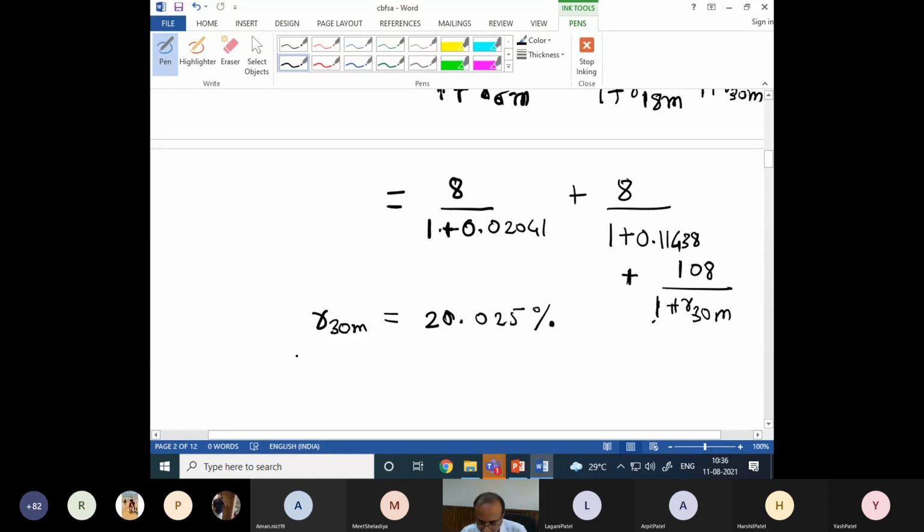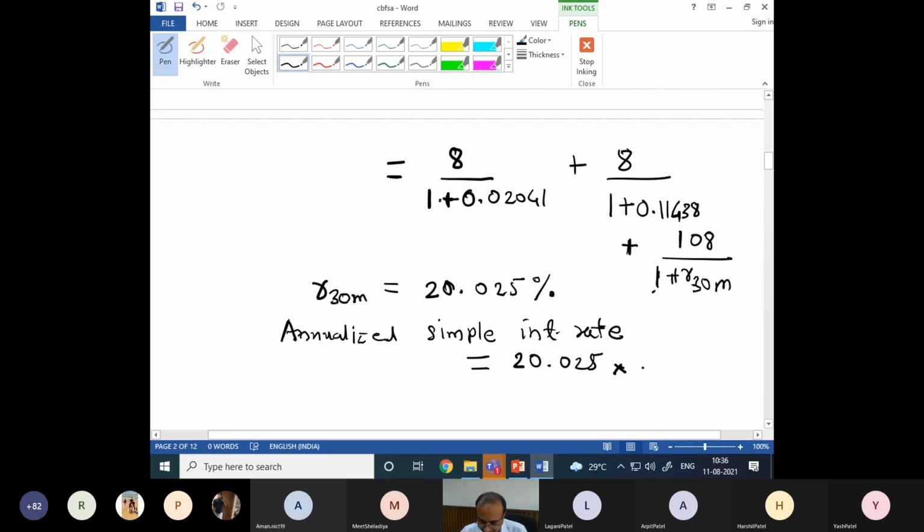All right, but is it an annual rate? No. So I have to convert it into the annualized simple interest rate. So what is the annualized simple interest rate in this case? It is 20.025 multiplied by, now see, how much is its maturity? 30 months.